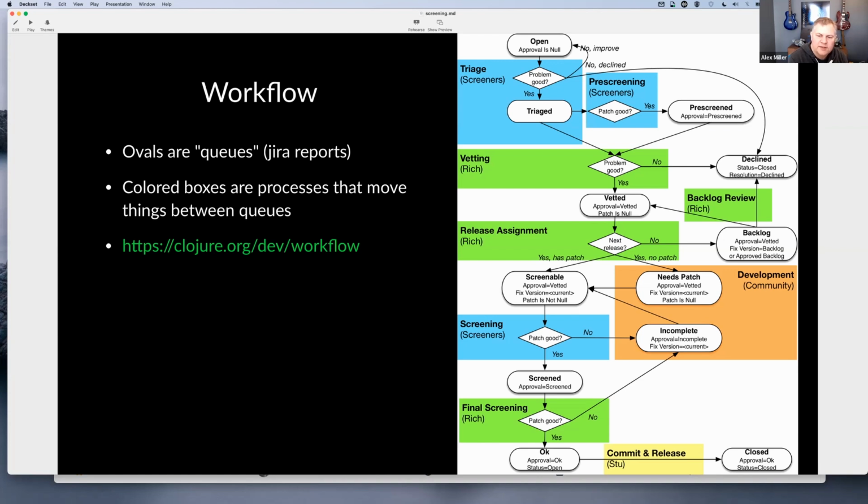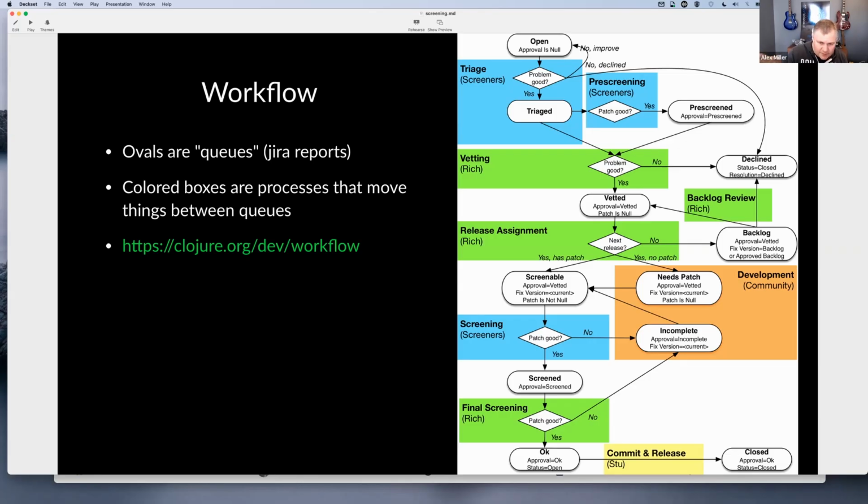In practice, most of the blue ones and a lot of the orange ones are often done by focus design, and that's where we could use help. And then the green ones are mostly Rich. And you can think about this from a big picture as, is this a good problem report?